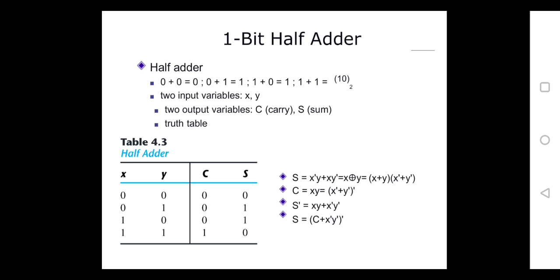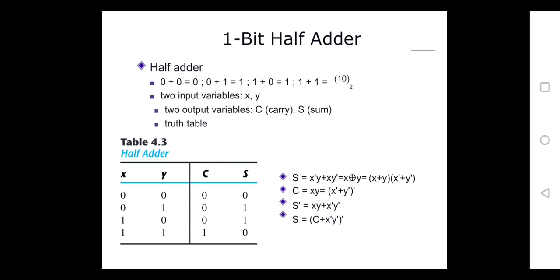So we need to draw two two-variable K-maps, one for sum and the other for carry. If we observe the carry column, we have only one 1, which has the corresponding inputs 1 1 for variables x and y. So we can directly write down carry equal to xy.